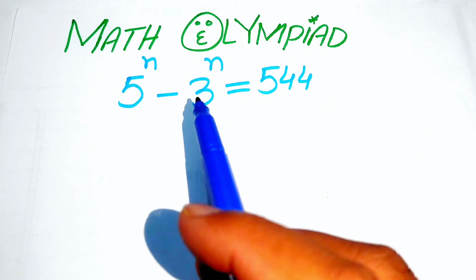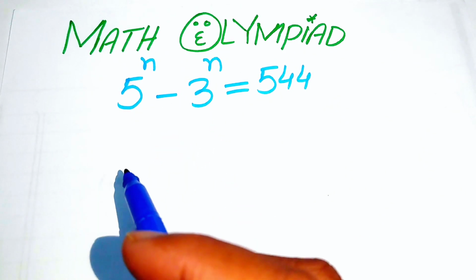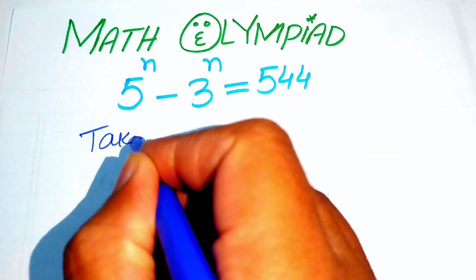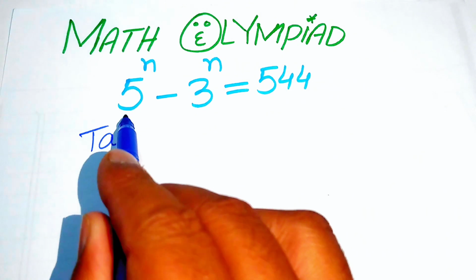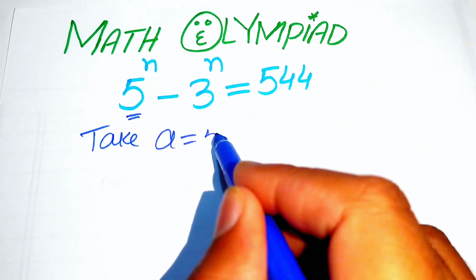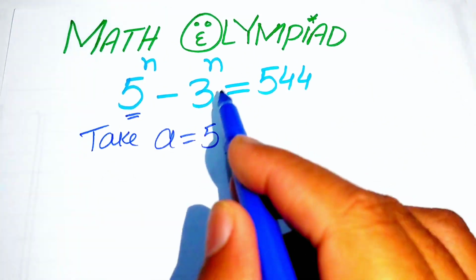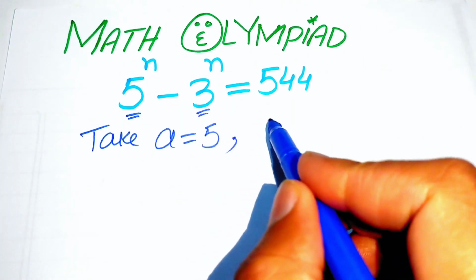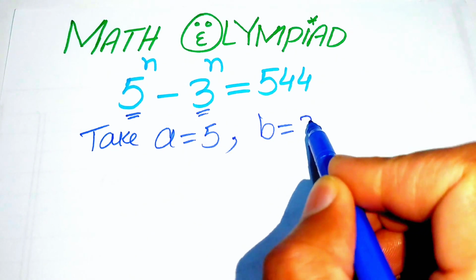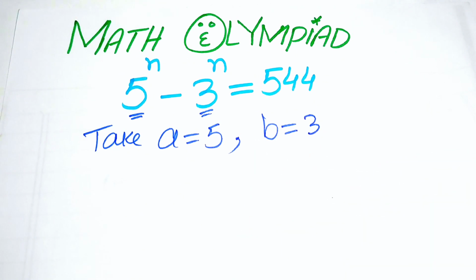The very first step we are going to do is take the base of the first term equal to a, so a equals 5, and the base of the second term equal to b, so b equals 3.